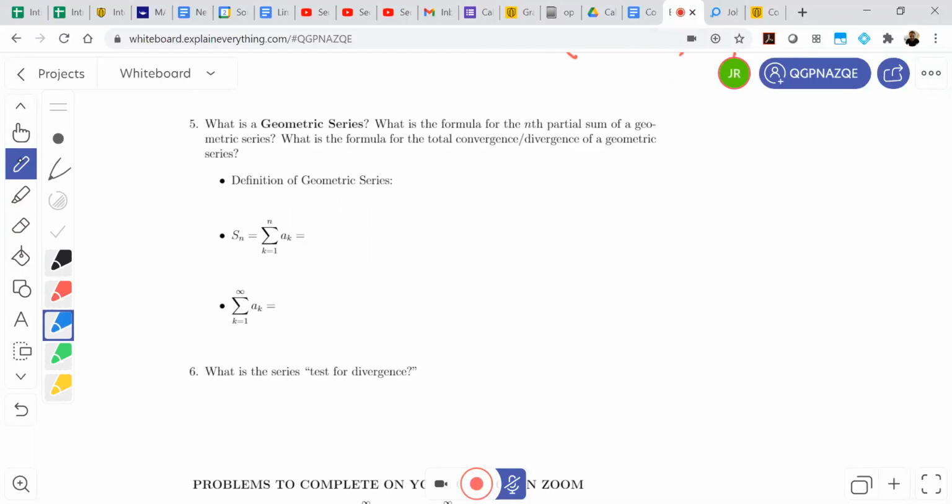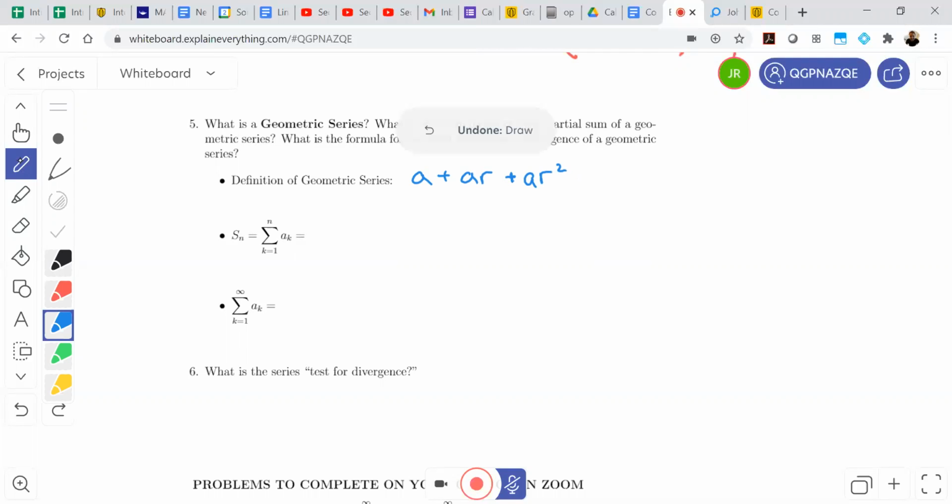So a geometric series is a series in which it starts with a number, a, and then every subsequent term has a constant multiple factor, r, that gets multiplied to it. So as we go from one term to the next, we're adding on an extra factor of r.